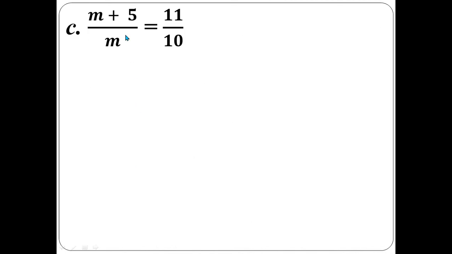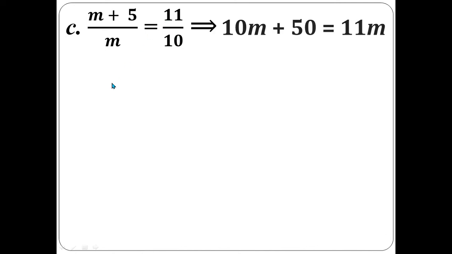Next example. Cross multiplication method. m times 10 is 10m, plus 5 times 10 is 50. 11 times m is 11m.